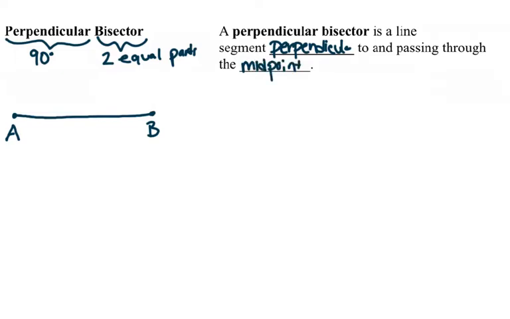So I'm going to draw a blue line, and it's going to be the perpendicular bisector of AB. If it's the perpendicular bisector, it makes a right angle, and it also cuts this line into two equal parts. So there's two things going on. It needs to be meeting the line at a 90-degree angle, and it needs to be slicing the line into two equal parts.